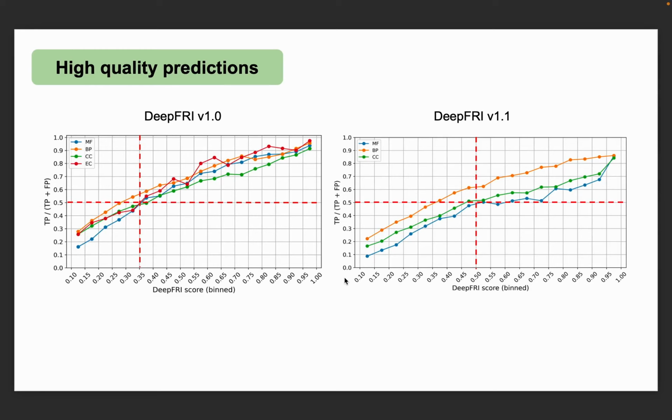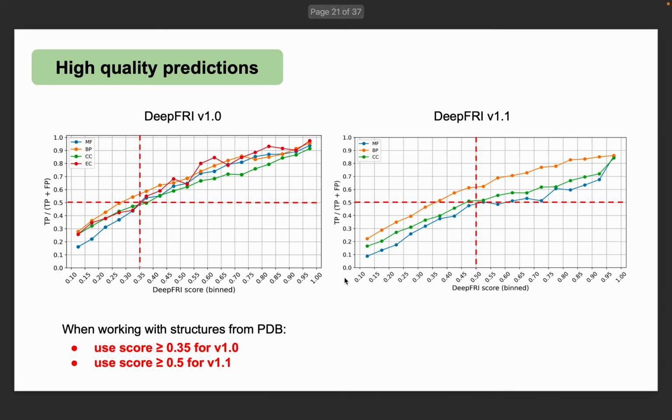DeepFRI produces a score for each GO term, so it is crucial to know which value is reliable. Here I present precision against DeepFRI score for both versions using the structures from the Protein Data Bank.